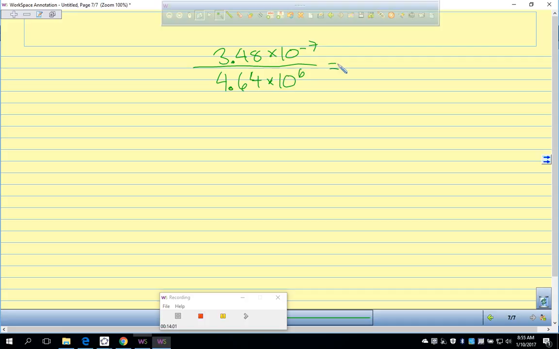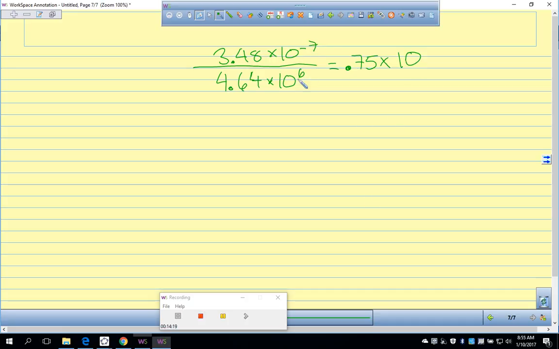So the first thing I'm going to do, just like I did before, is take the two numbers and divide. If I divide that by that, apparently I get 0.75 exactly. 0.75 times 10 to the what?